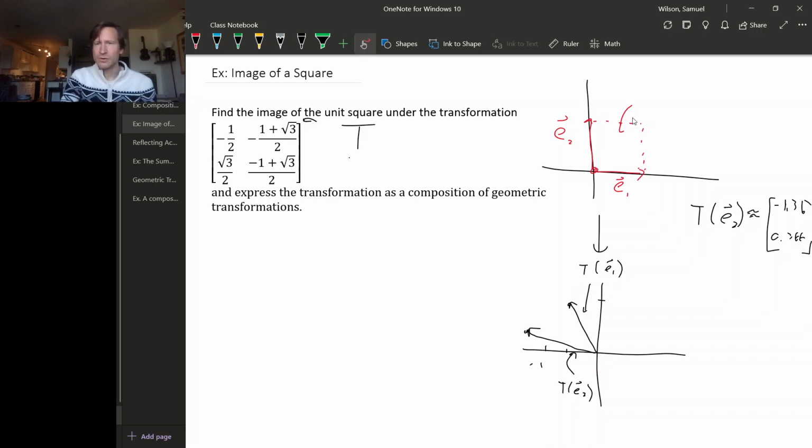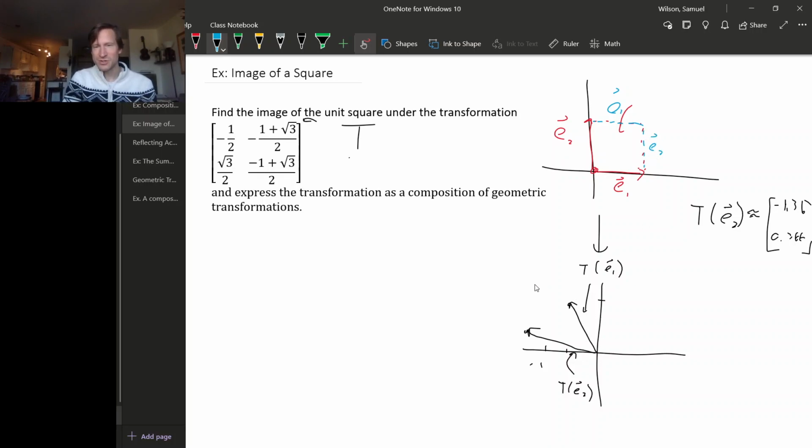And remember that this region, this square, started out bounded by these vectors. What I mean by that is the top of the square is E1, except it's been shifted upwards to the end of E2. And the right-hand side is E2, but it's been shifted rightwards.